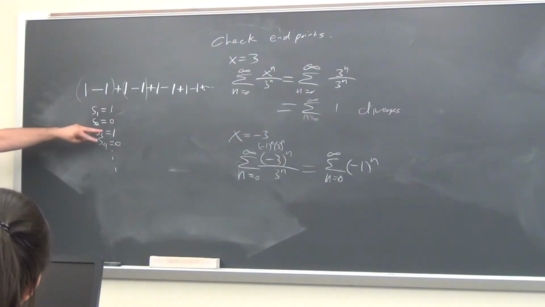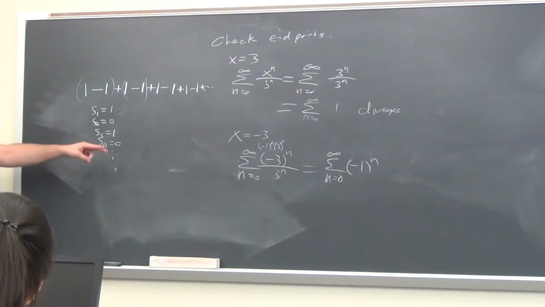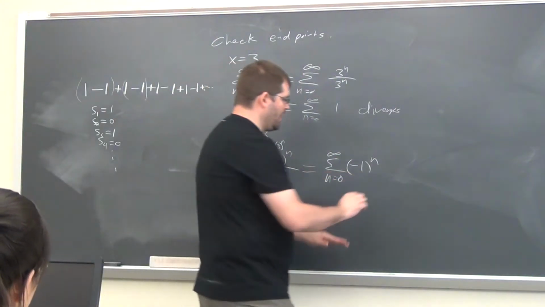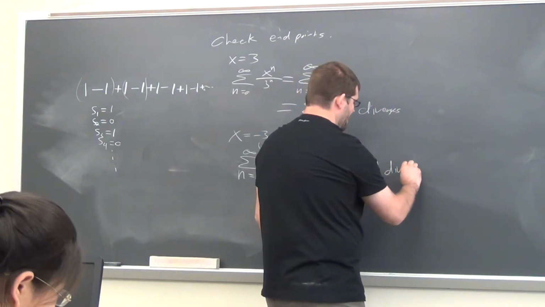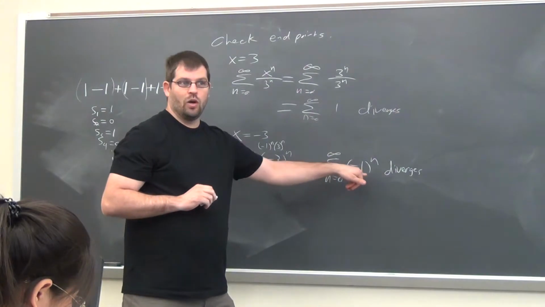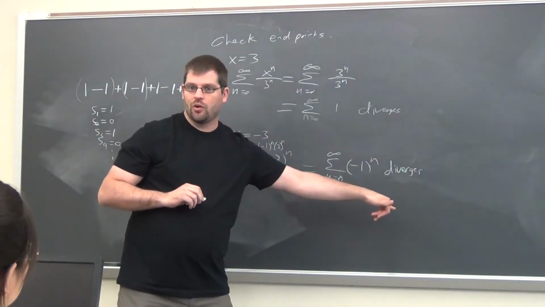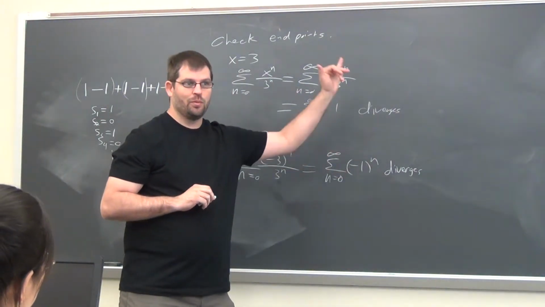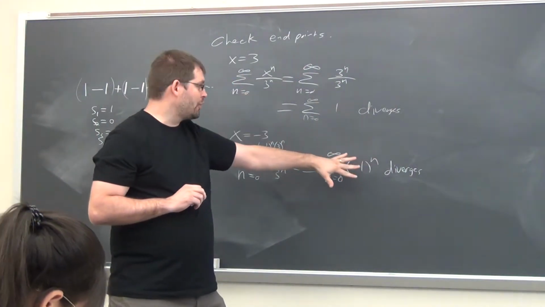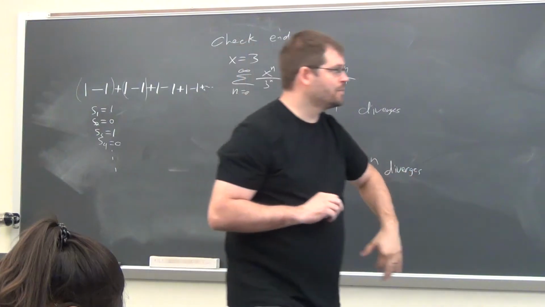So your partial sums just alternate between 0 and 1, and so there's no limit to that. You don't have to show any more work. You can just say this diverges, but you should understand that. In particular, negative 1 to the n does not go to 0. It goes back and forth between plus and minus 1, and so the nth term test tells you it diverges. But either way, you come up with this.